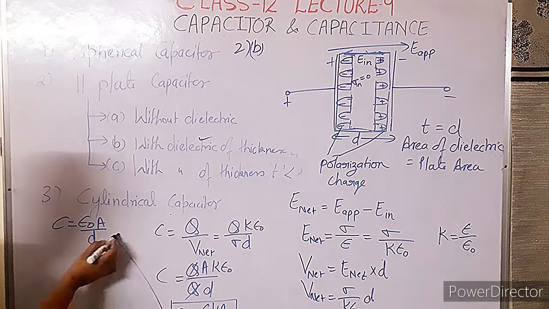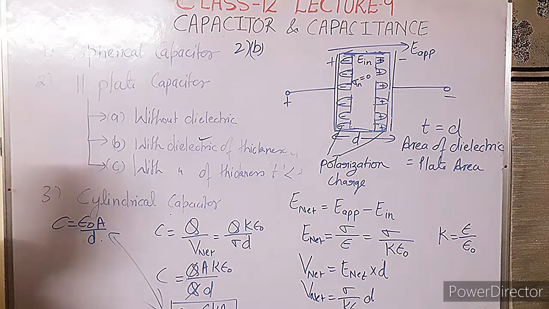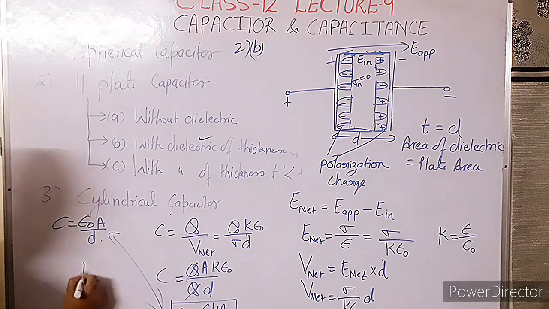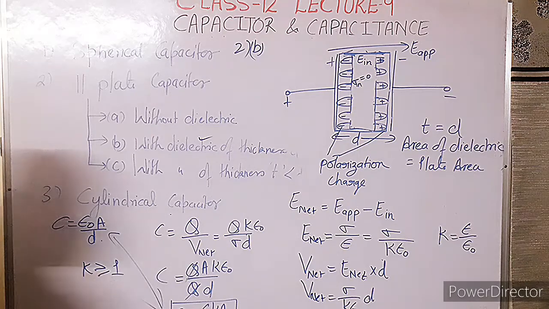You can compare with the earlier result, C is equal to epsilon naught A divided by D, and here the result is C is equal to epsilon naught K A divided by D. The only difference is that K is a multiple of this value. That means the capacitance increases. You know that K is always greater than or equal to 1. For air, the dielectric constant K is equal to 1. For any medium other than air or vacuum, you will get K greater than 1.